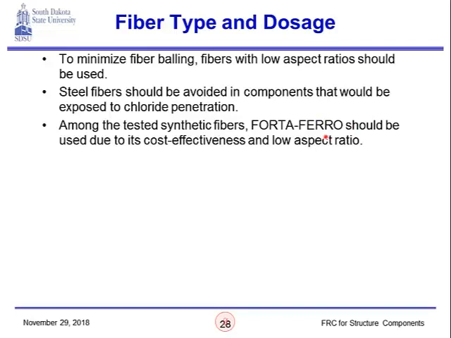So this specific fiber, among the fibers that we tested, would be the ideal one considering its effect on the properties, its cost effectiveness, and the fact that it has low aspect ratio, which makes sure that we minimize the fiber balling.